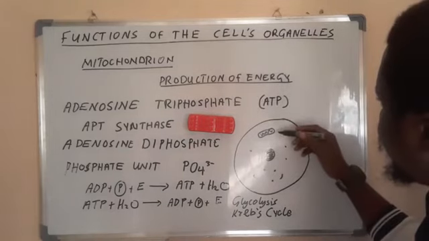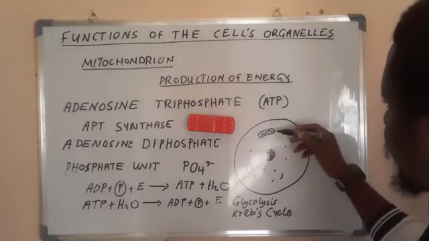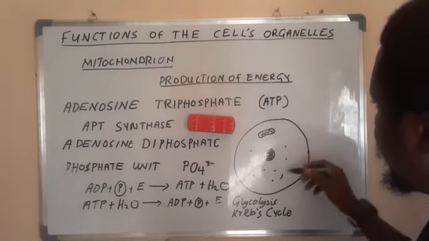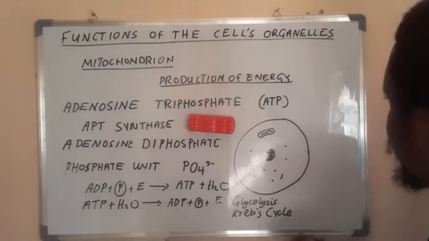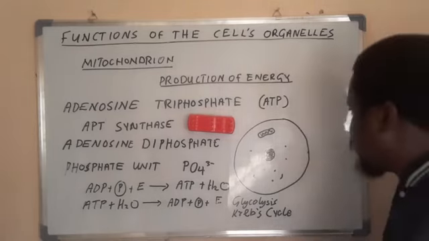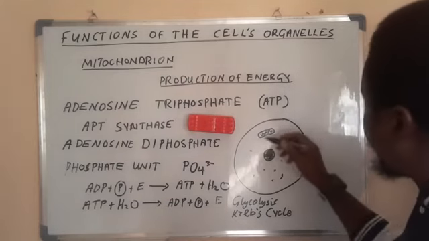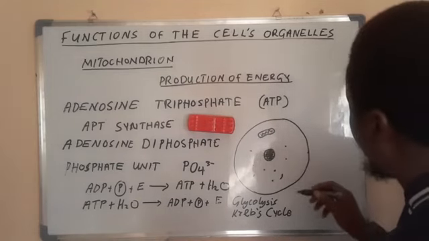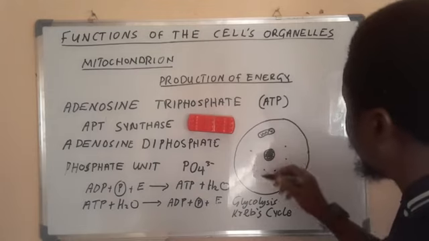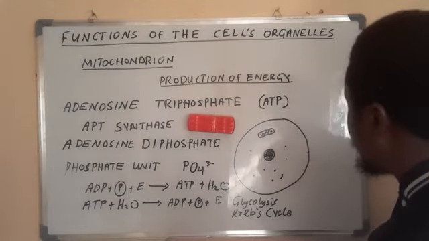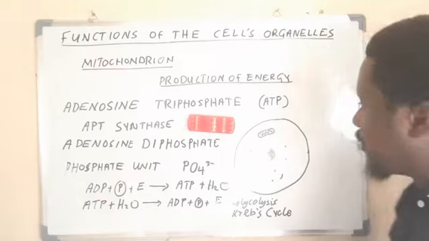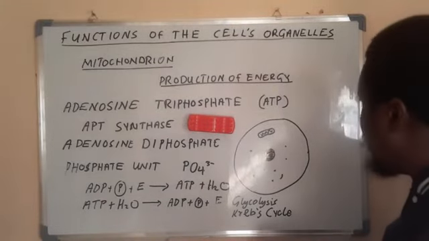It's very important for you to understand that the number of mitochondria in cells depends on the energy requirement of those cells. If the cells require a high amount of energy, there will be numerous mitochondria ranging from several thousand and above.